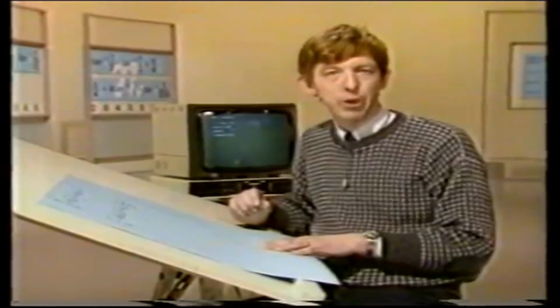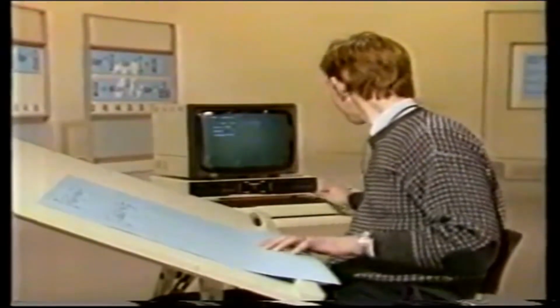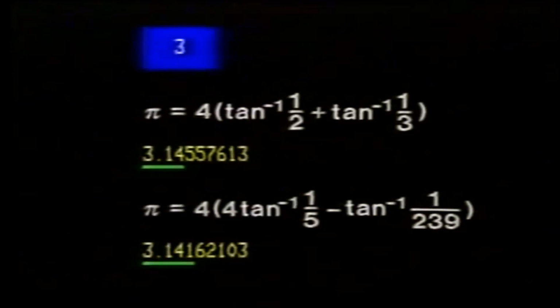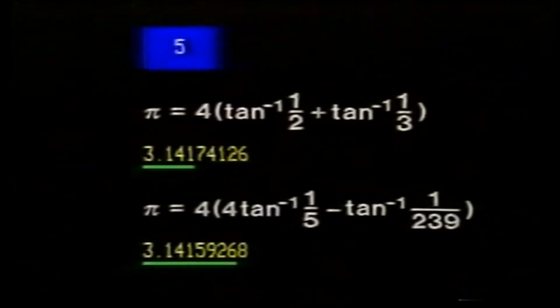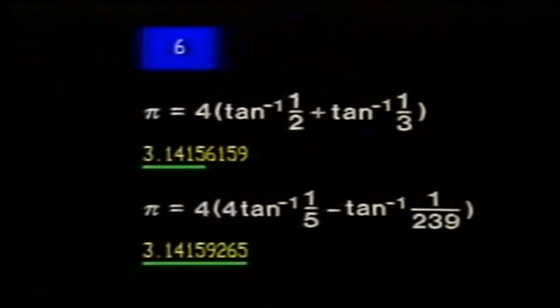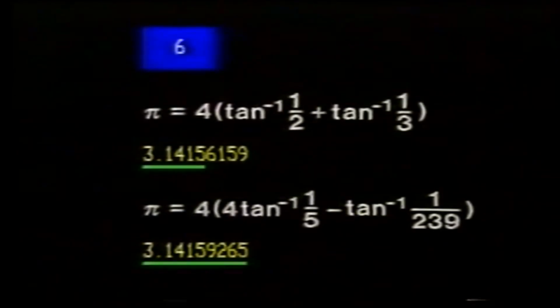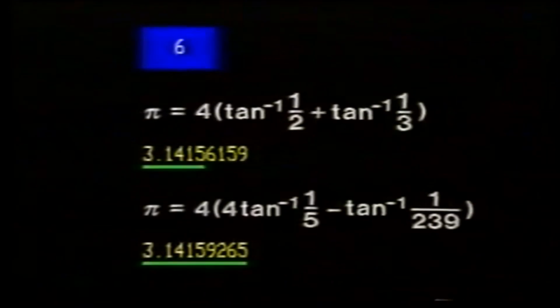Here are the successive partial sums. As you can see, the second series gives pi correct to 8 decimal places more quickly than the first, and they were both far quicker than the original series I used.